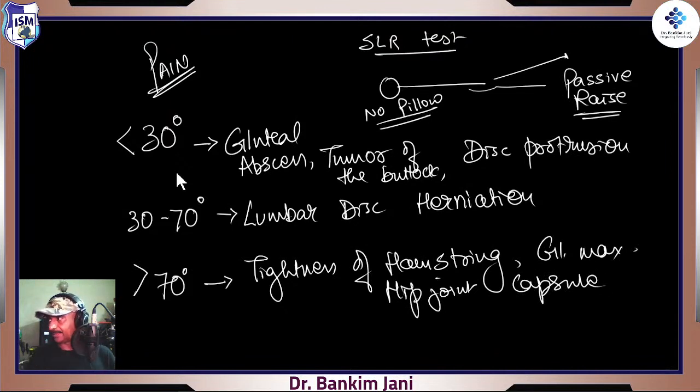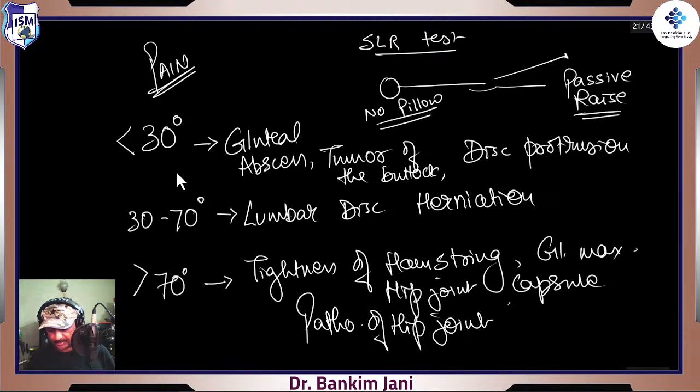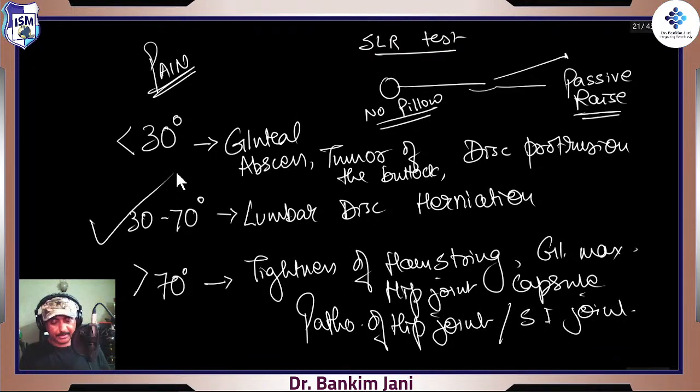Or there could be some pathology of the hip joint or SI joint, sacroiliac joint. It could be there, but commonest is this. The rest of the things I just told you, keep in mind that it is all related to SLR, straight leg raise.